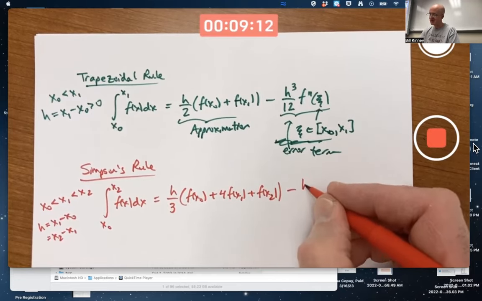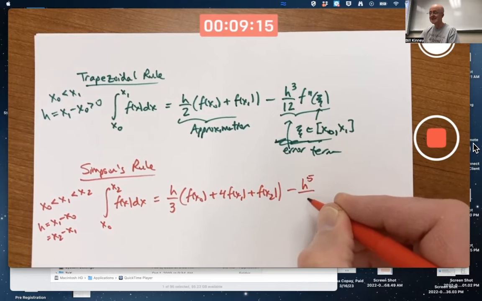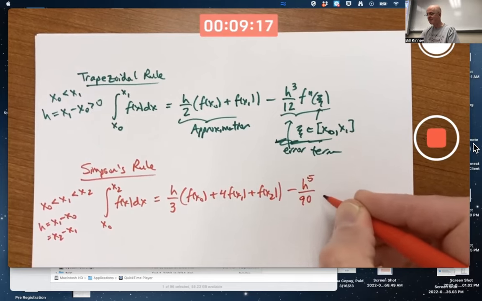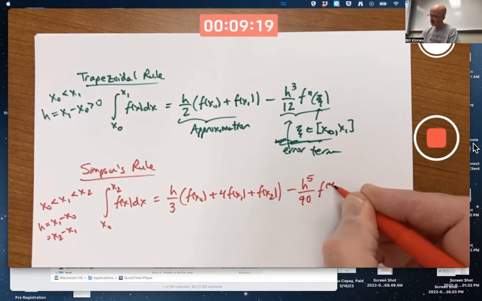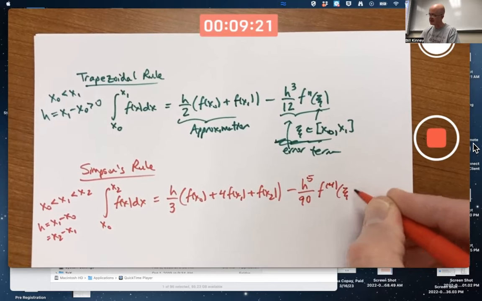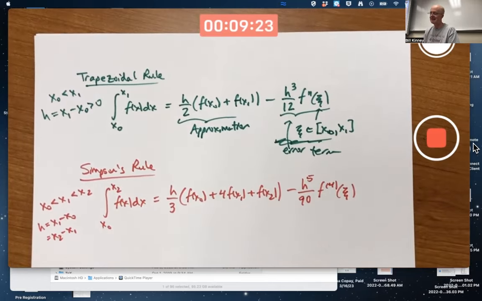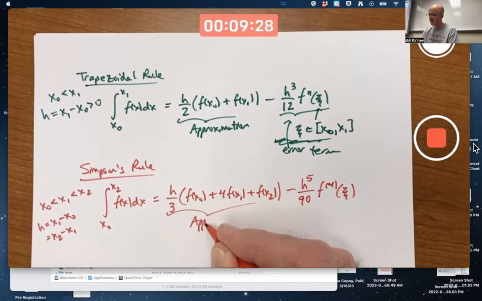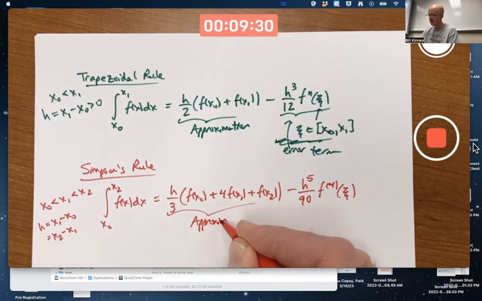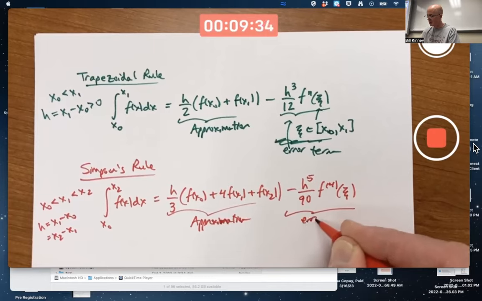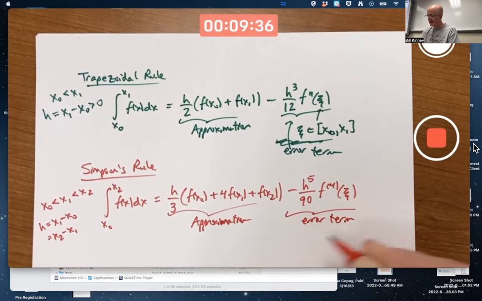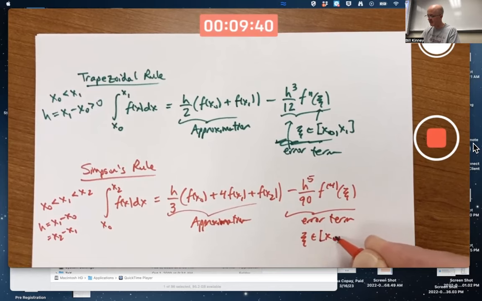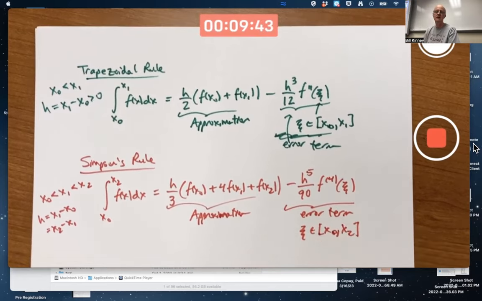Minus h to the 5th over, I believe it's a 90, times the 4th derivative of f evaluated at some unspecified number xc in the interval. There's your approximation. There's your error term. And again, c is some unspecified number in the interval, this time from x0 to x2.